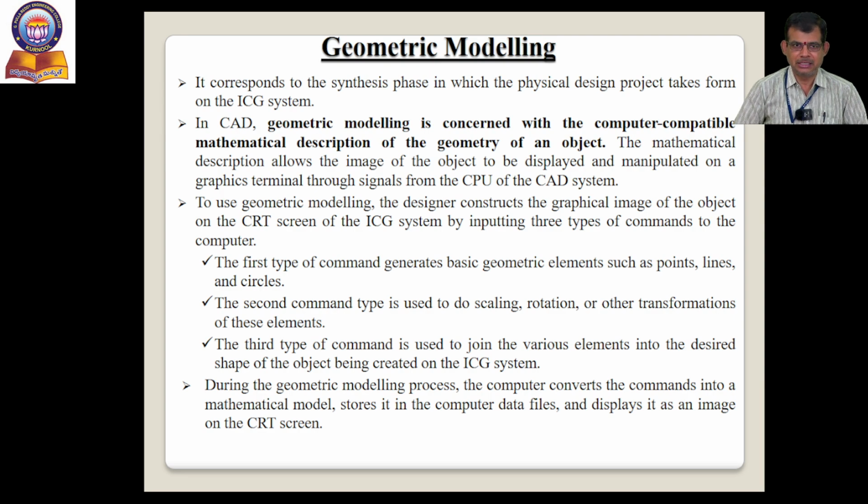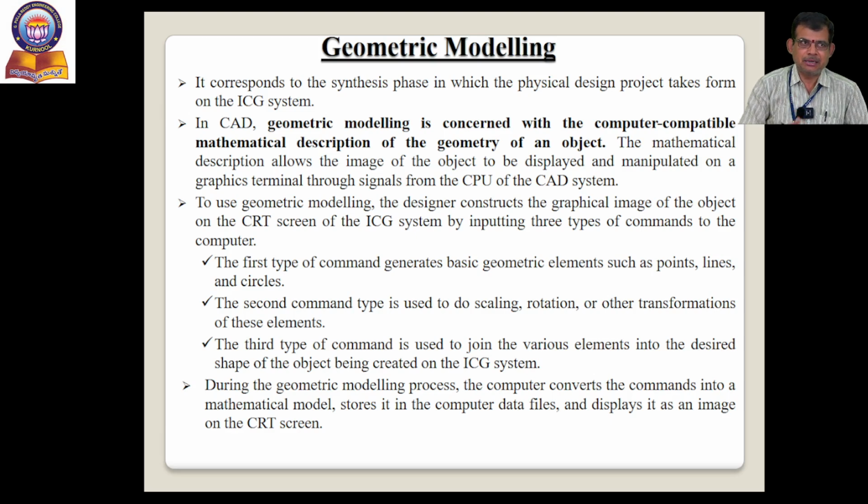They are point, line, circle, rectangle, these things. Like laminas, they will be created. So the very first input for creation of any object is points, then lines, then circles, like that. Any mathematically definable engineering design object will be constructed out of these elements only.